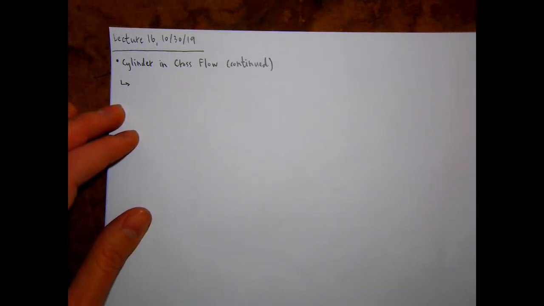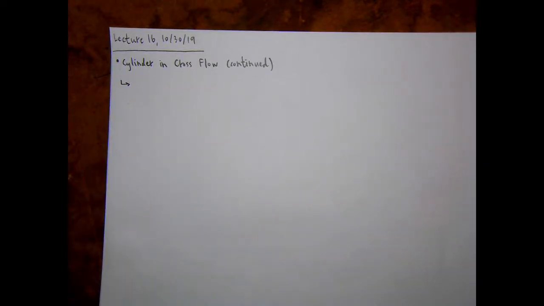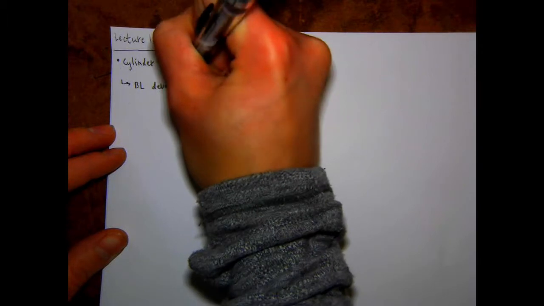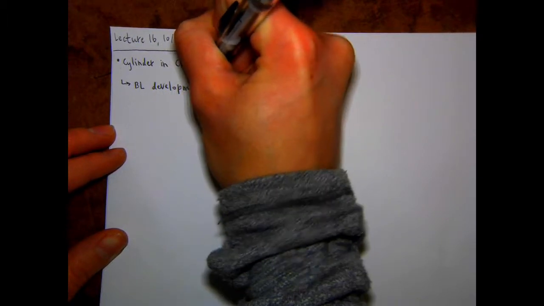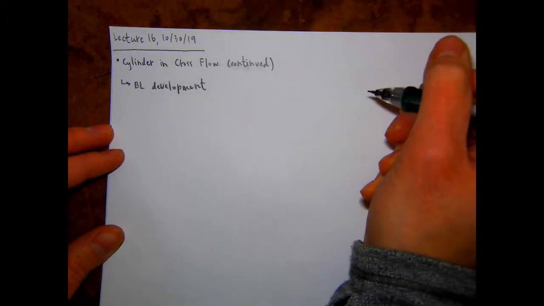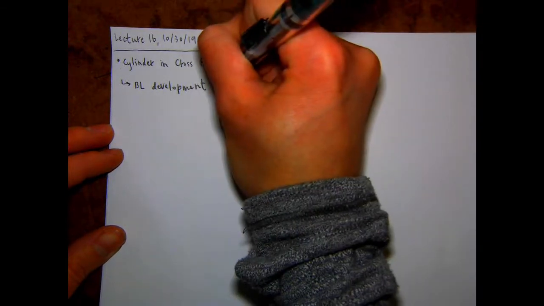We typically talk about how the flow conditions affect both the friction coefficient and the Nusselt number, and we'll talk about those two aspects for a cylinder as well. So unsurprisingly, boundary layer development and separation influence the drag force on a cylinder.